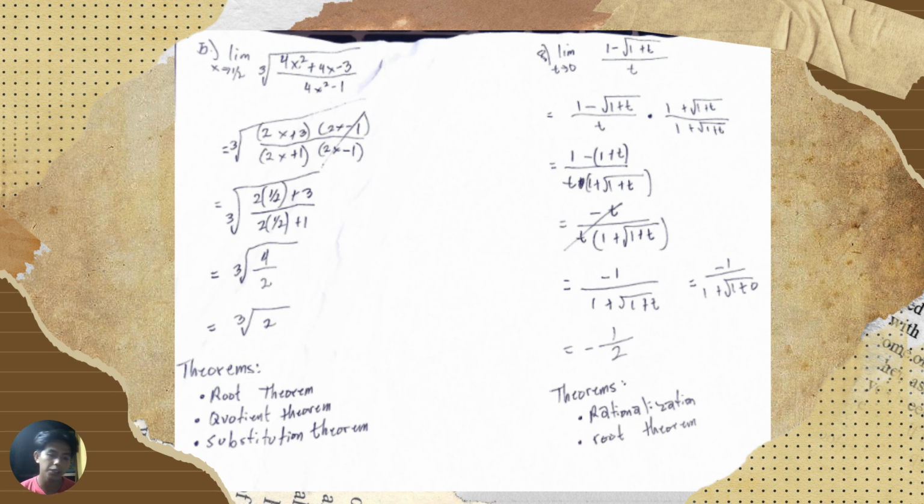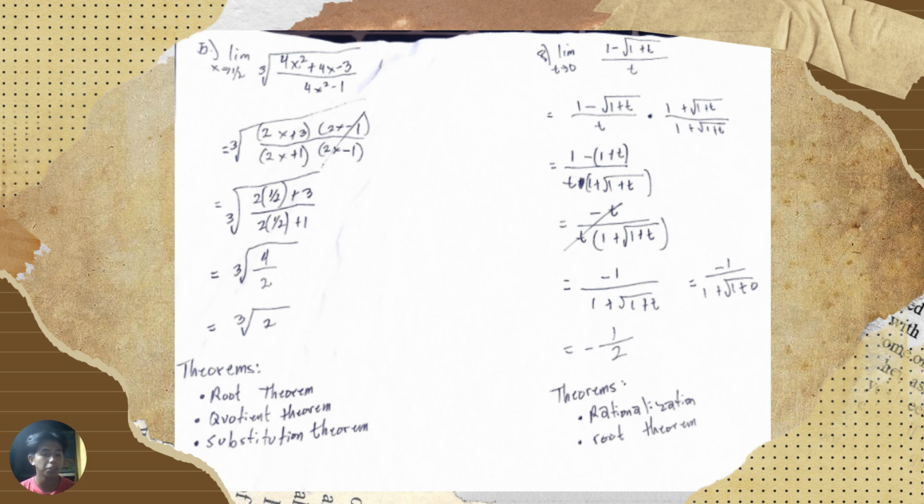And then, as you can see, we cancel out the t since both numerator and denominator have the same t. And since we have negative t, then we put negative 1. And then in the denominator, we have 1 plus the square root of 1 plus t.